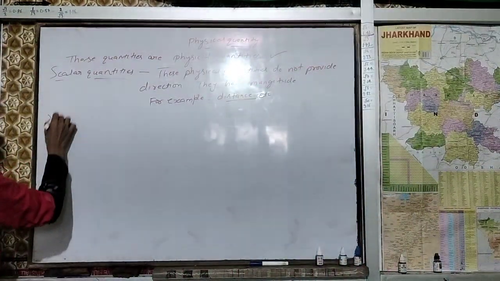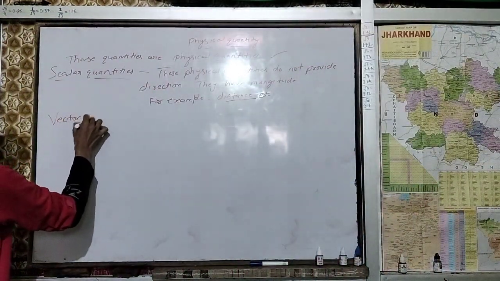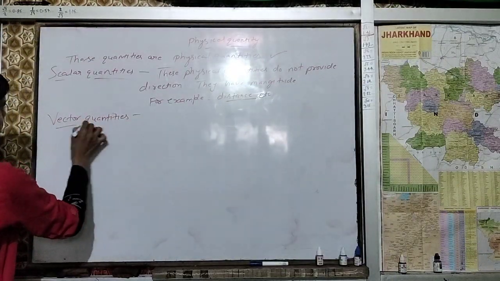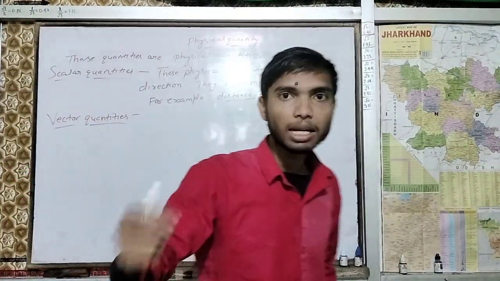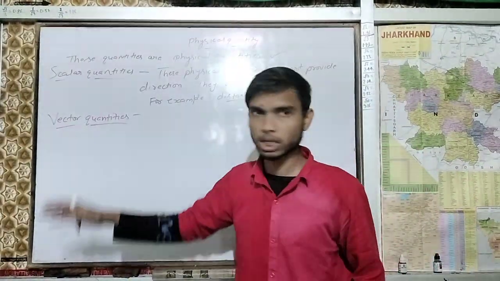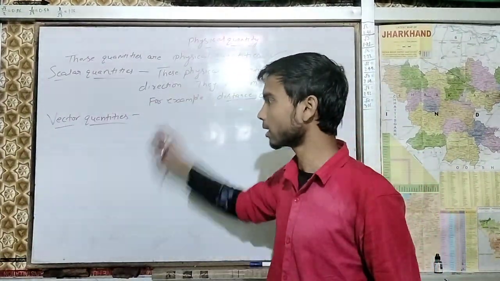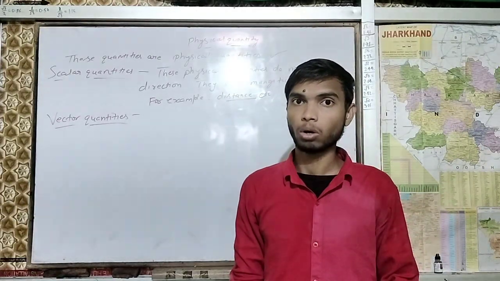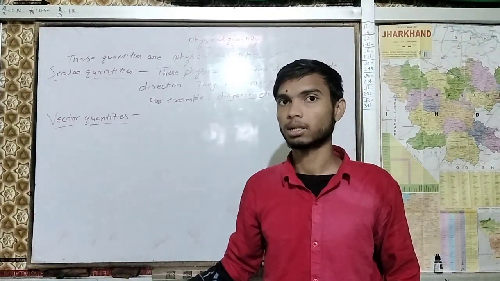Okay, next we have vector quantities. These are also physical quantities. I'm not saying that vector quantities are unphysical quantities and scalar quantities are physical quantities. No, all of these are physical quantities.